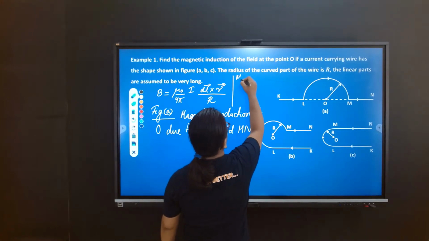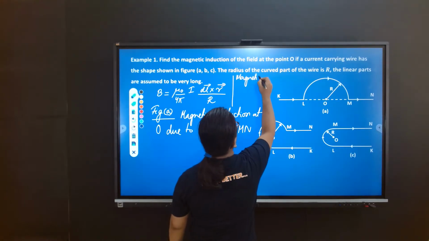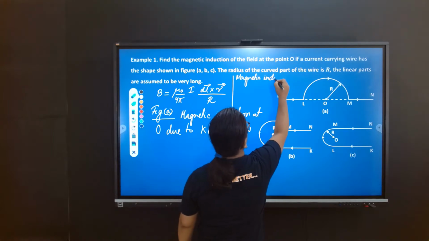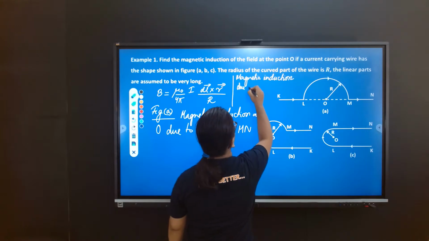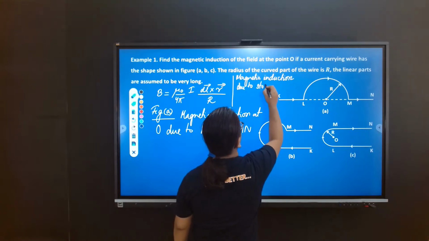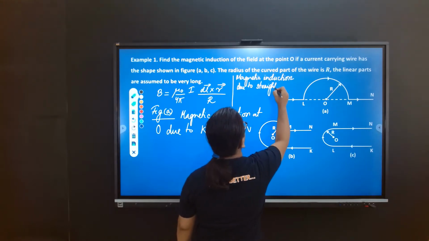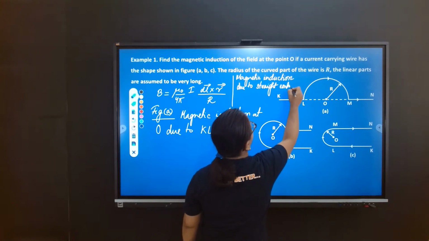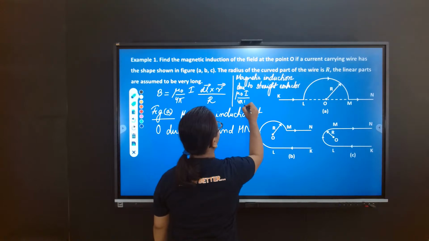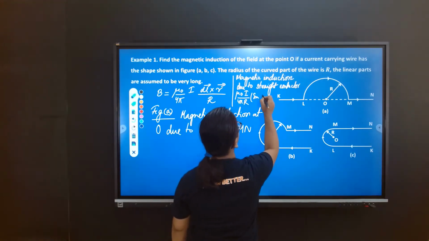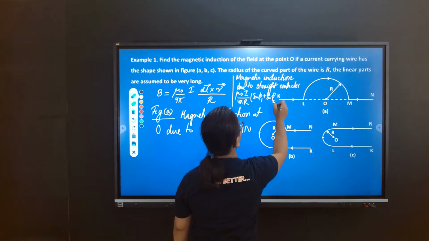Magnetic induction at a point due to a straight conductor. The formula is actually mu naught I by 4 pi r, sine of phi 1 plus sine of phi 2.